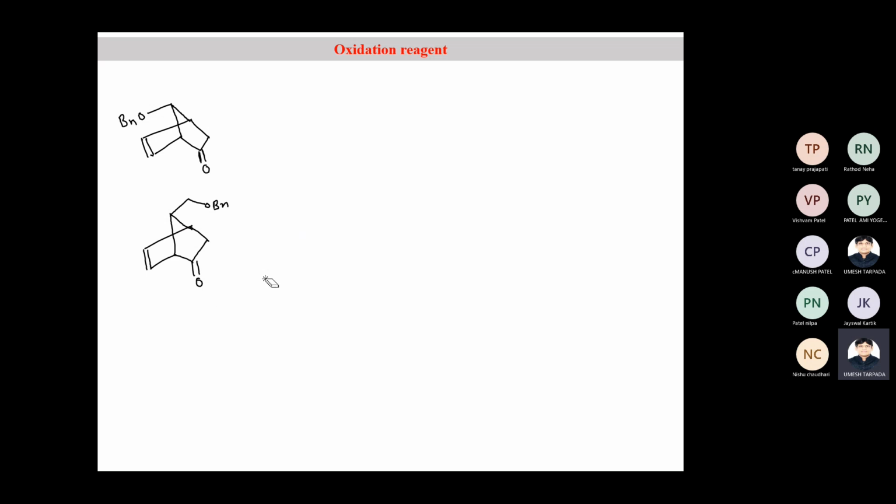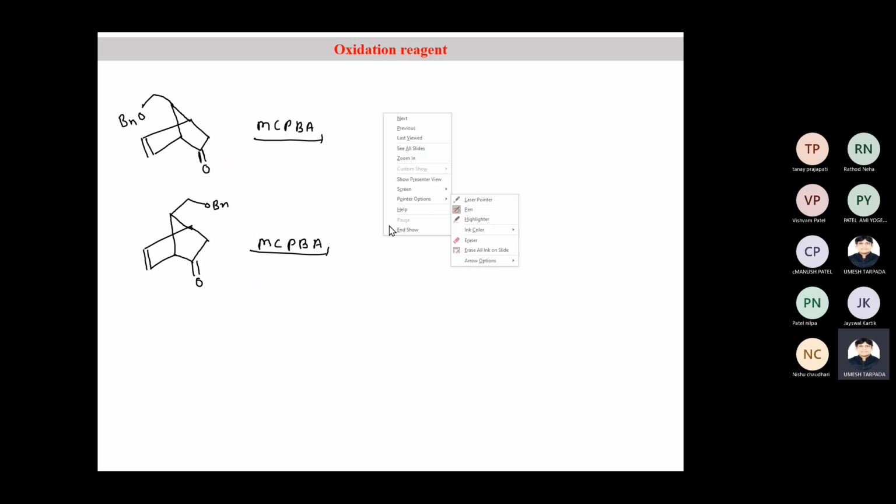What happens in both the cases? Suppose you are having metachloroperbenzoic acid. Because this oxygen group is very close to the double bond, it abstracts the electrons of the double bond towards it.